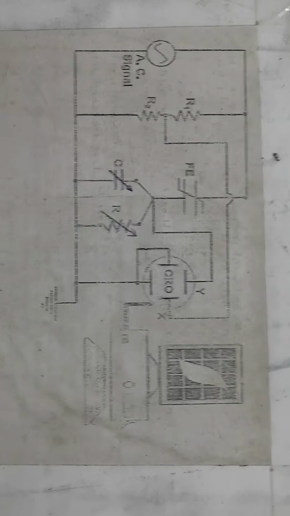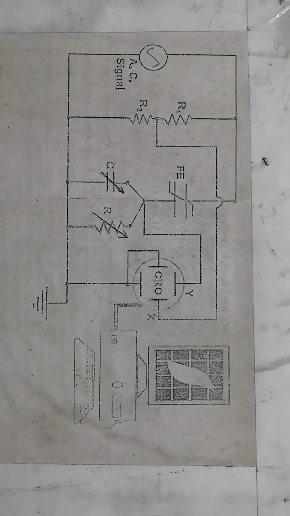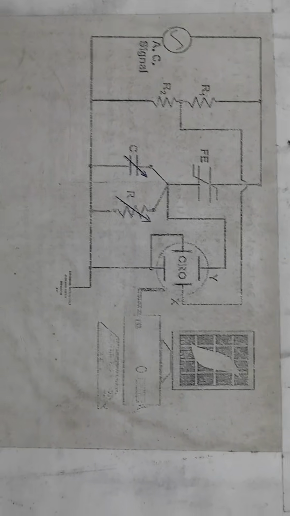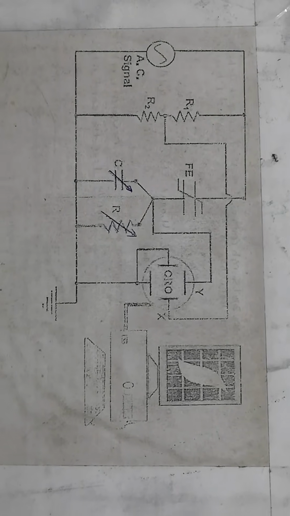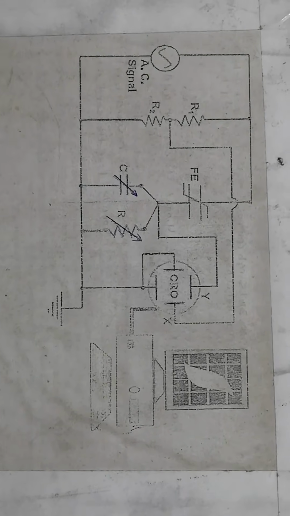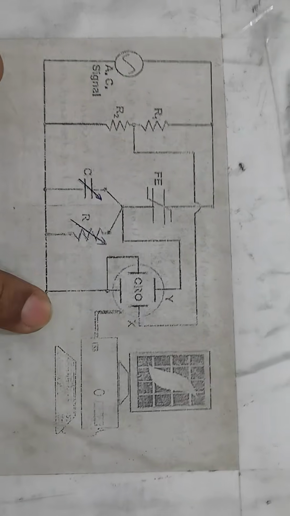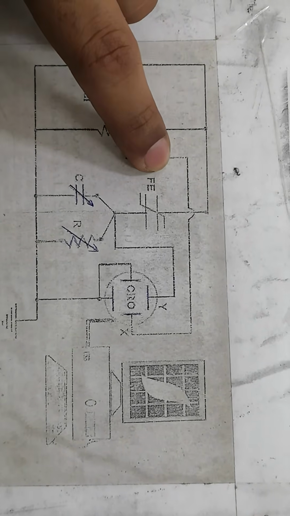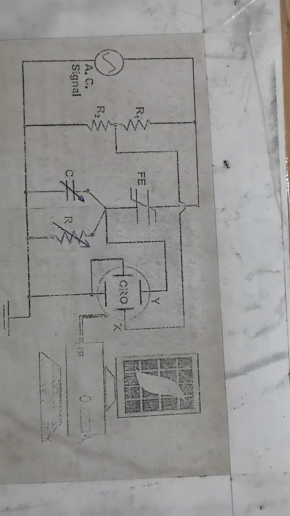This is our Sawyer-Tower circuit, the circuit diagram, which is generally assembled or used in a ferroelectric tracing unit, right? In this circuit, this Fe part represents our ferroelectric sample, right?